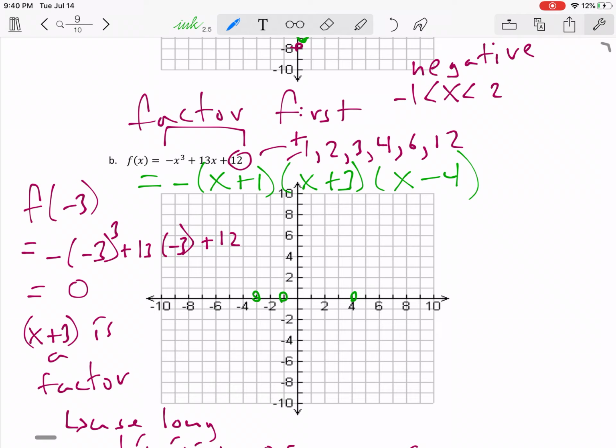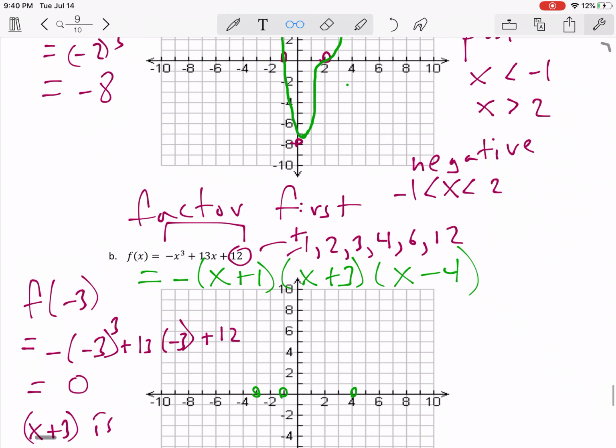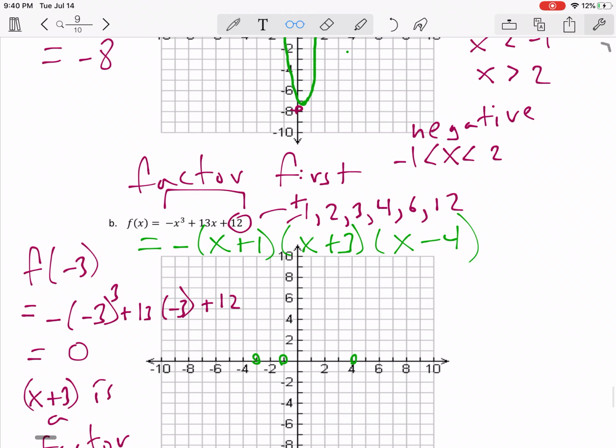And then your y-intercept: if you sub in 0 for x, you're going to get 12. You can see that from the original function, right? So 12 is going to be your y-intercept, I'll just put that up here.